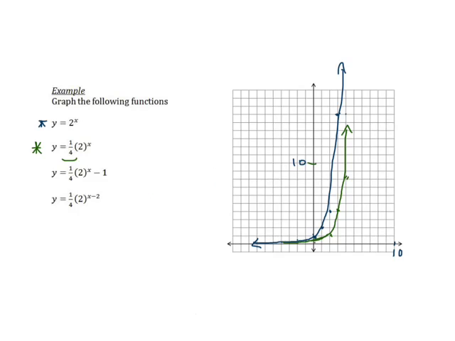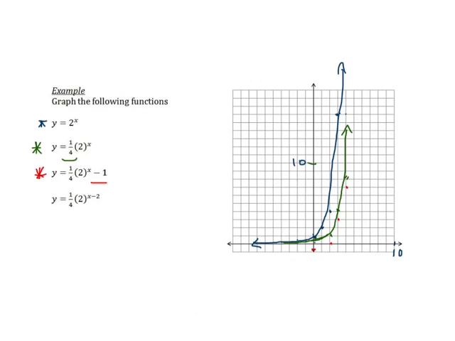Now, let's get a different color here. Let's go red. If we take this one here and subtract 1 after doing the exponent, that's just going to drop everything. All of these points from this 1/4 times 2 to the x are all going to drop by 1. So let's take each of these points and take them down 1. 4 goes to 3, 8 goes to 7. This 1/4 goes down to negative 3/4.